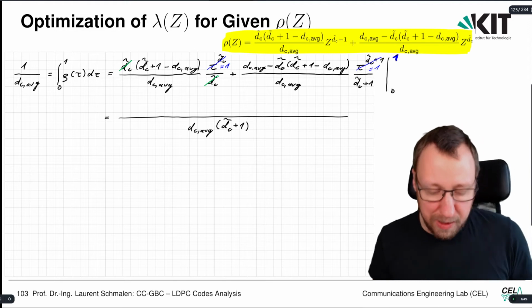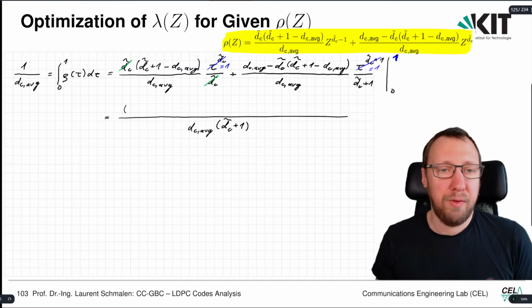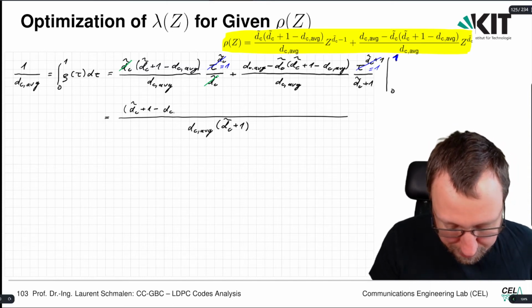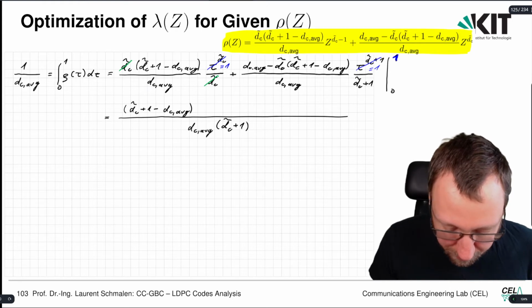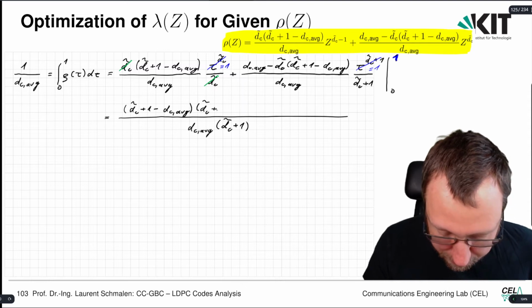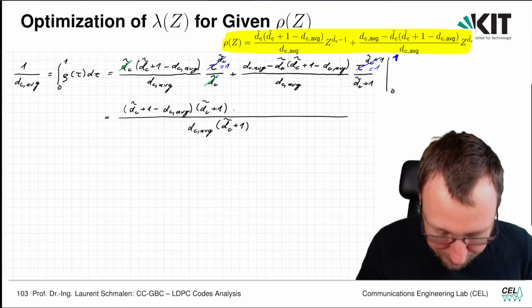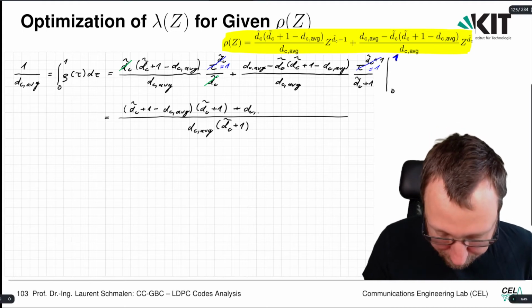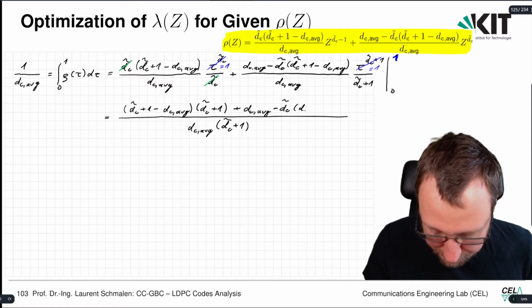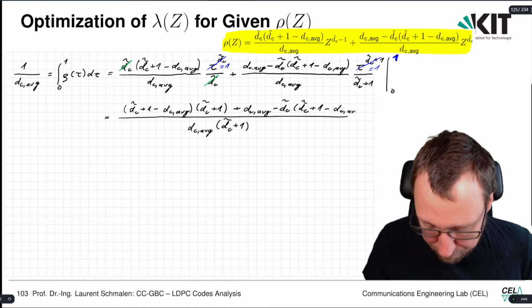That's the common denominator. So then we have the left fraction that's going to be DC tilde plus 1 minus DC average times common denominator DC tilde plus 1. And then we have the second part, that's plus DC average minus DC tilde times DC tilde plus 1 minus DC average.